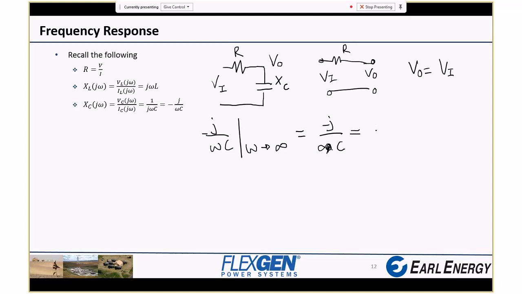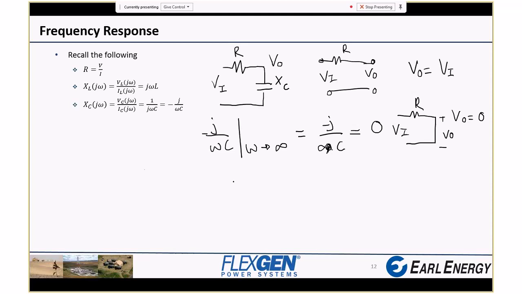I say a number over infinity equals 0. So at high frequencies, this circuit will start to look like a resistor and a short circuit, between V in and V out. So V out always equals 0 at high frequencies. Doesn't matter what V in is.